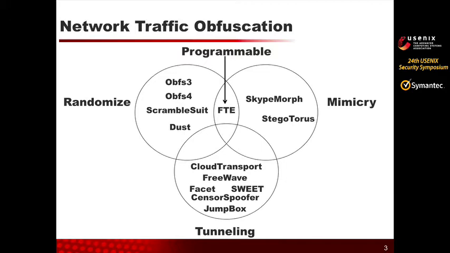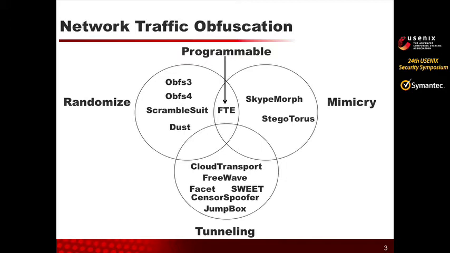The thing is that it's actually a really, really dense and complicated space at this point in time. We have three main approaches that are being used. So randomization, which basically is trying to get rid of all static signatures in the data, both in the headers and in the statistical properties.